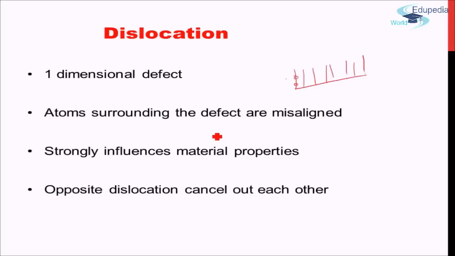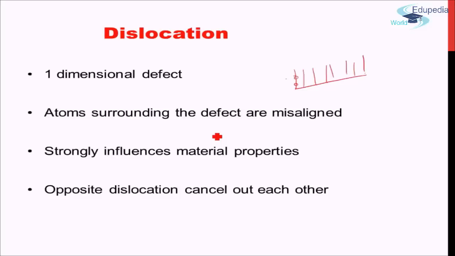Now, why do we study dislocation? What is so important about dislocation that we need to study it specifically? The idea is that all the defects influence the material property significantly, and dislocation is one of the defects which has the most prominent effect on material property.